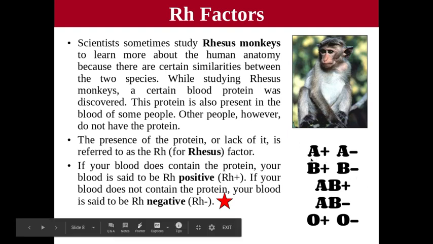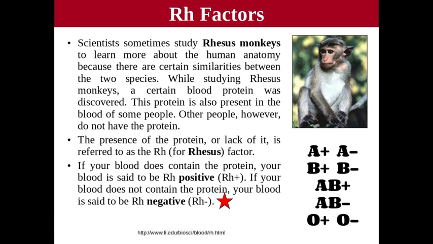So as we've been going, you've probably noticed that there's little pluses and minuses after each of the symbols for the blood types. That's because years ago, there were some studies done on rhesus monkeys. They were studying rhesus monkeys because they have a very similar anatomy to humans. And they discovered that there was a protein on the blood of the rhesus monkey.